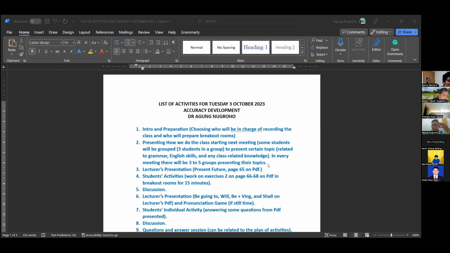It means the last 3 people. Who are the last 3 people? There is Diaz and Dwiki, and I also lost one person. So who's the other one? Guys, who was raising hand?